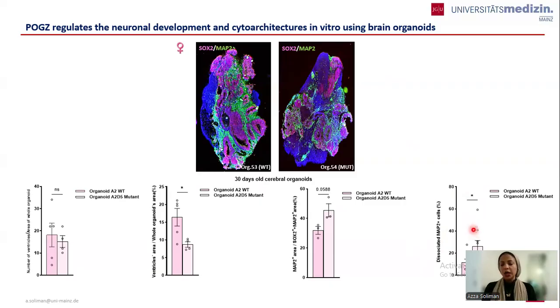And you could see again that the mutant organoid showed a significantly higher number of MAP2 positive cells in the dissociated cells compared to the wild-type organoids, which again tells us that the mutant female organoids show more differentiation, or MAP2 positive cells, compared to the wild type.